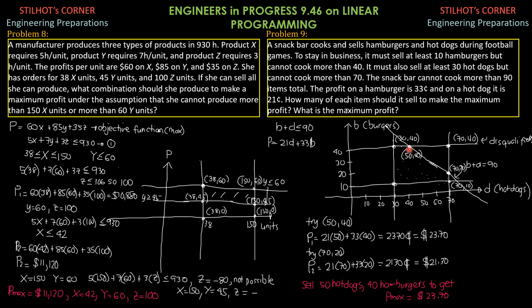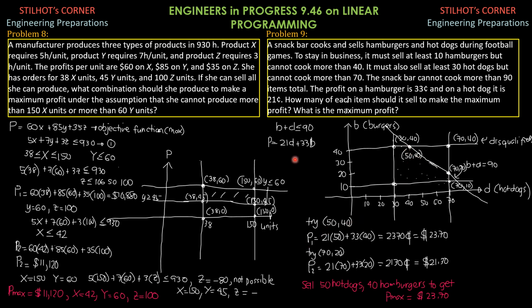We only evaluate these two points because definitely either of these two points will give the number of hot dogs and burgers that will maximize the profit, because of greater numbers than these two closer numbers. So we try 50 comma 40 first.